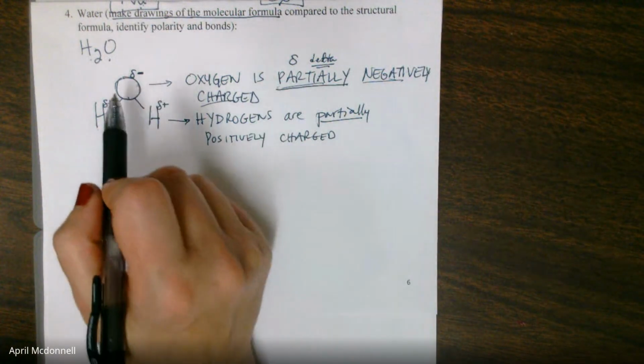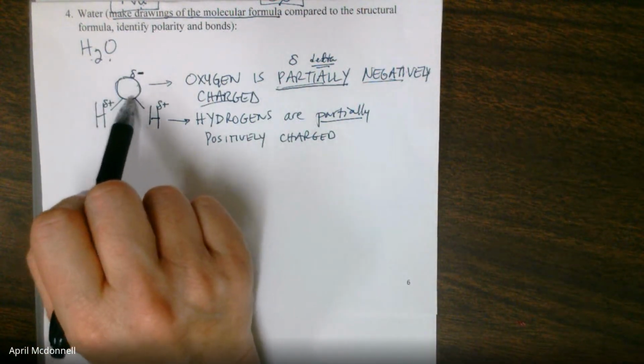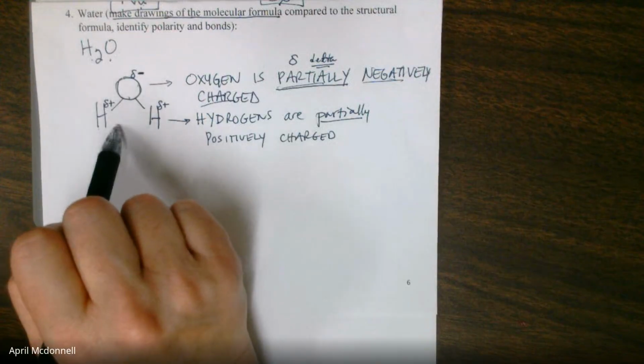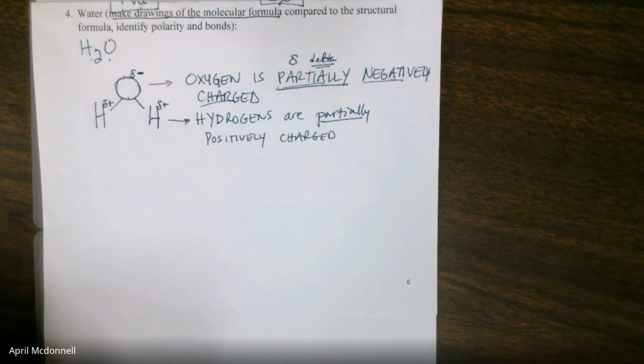It's not a whole charge, like in our previous example with sodium and chlorine, which completely lost and gained an electron, resulting in whole charges. These are partially charged. That's basically saying that the oxygen atom within a molecule of water is slightly more negative compared to the hydrogen atoms. And anytime you have that difference in charge, we call that polarity.